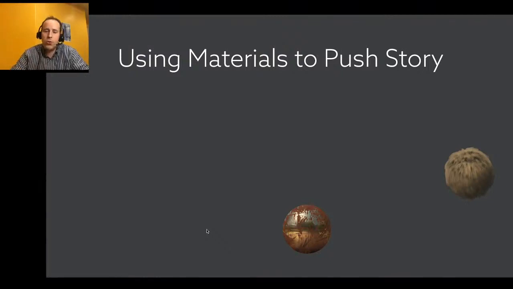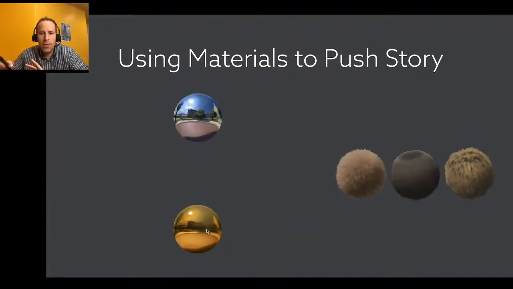Now look what changes about the story when we use the same fur, though we could have a couple of different qualities of fur here, but mix it with either gold or chrome. Imagine this once again on a character or on a chair. When you put fur with one of these really glossy, shiny metals, you get something that feels royal. It feels super plush and nice, like a very fancy thing. The story comes through just from the contrast of those two materials. It's pretty cool how this works, isn't it?